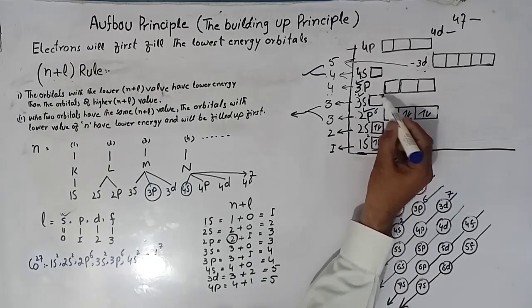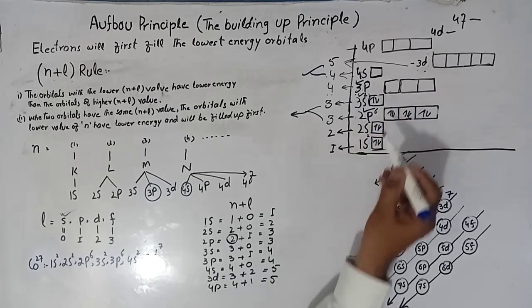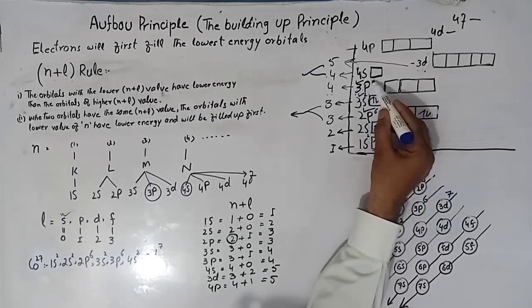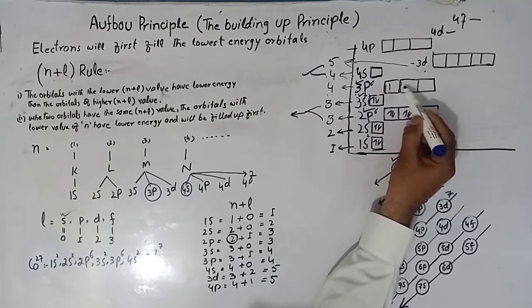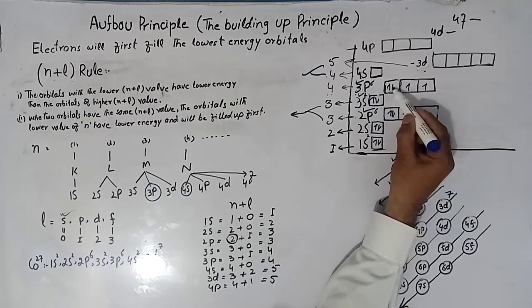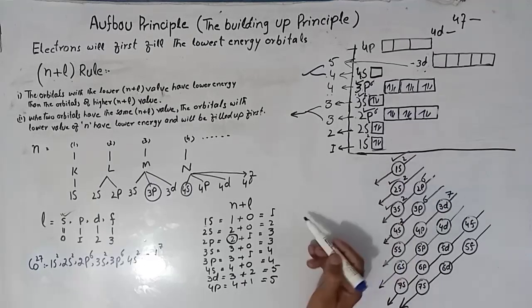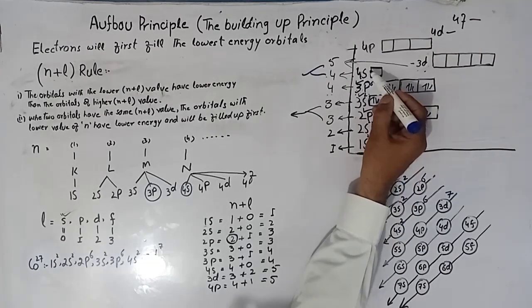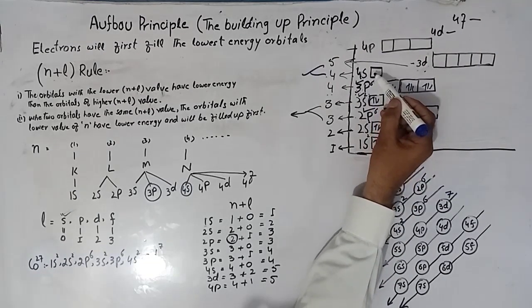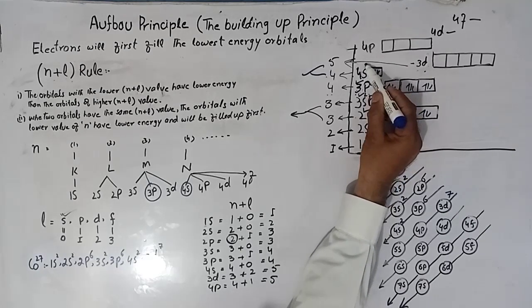Now 3s2, so 1 and 2. 3p6, so 1, 2, 3, 4, 5 and 6. 4s2, so 2 electrons.